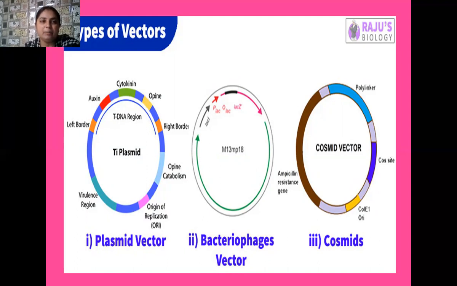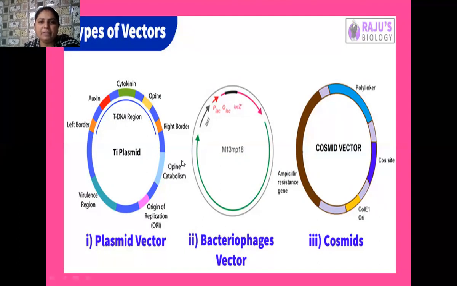When such a plasmid or bacteriophage enters the host organism, it produces many copies. That is our advantage, because we are not supposed to do the process again and again.